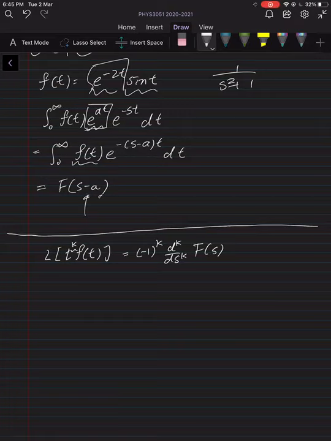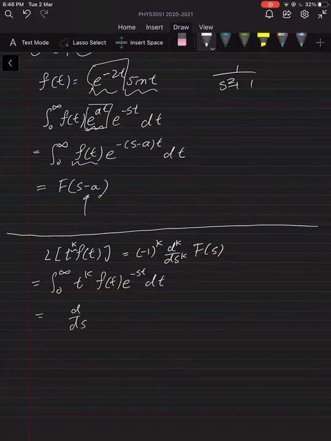because what you have here is t to the power k f(t) e to the power minus st, then it is equivalent to differentiating the integral here with respect to s. So you want t to the power k, then you differentiate.